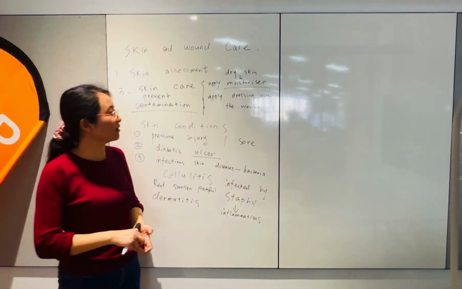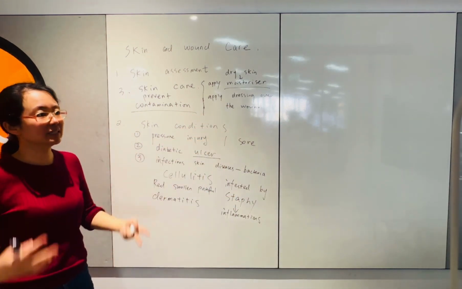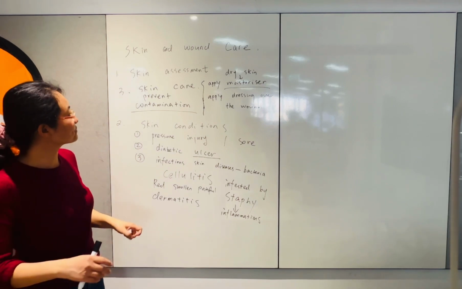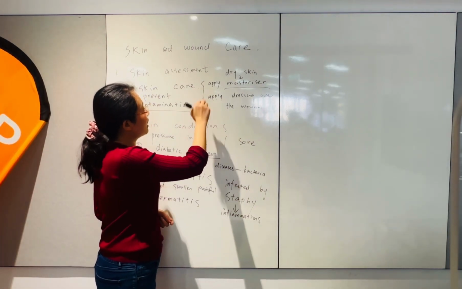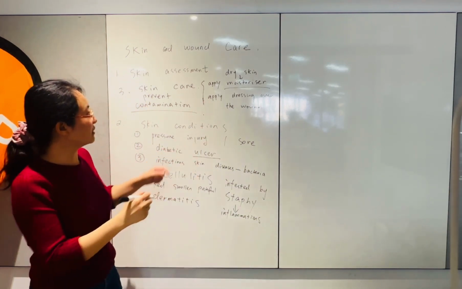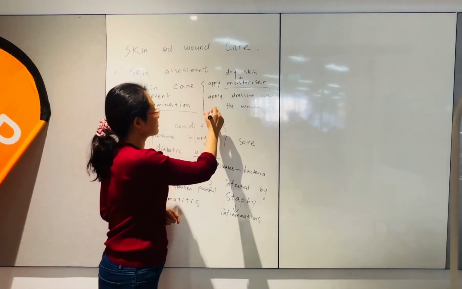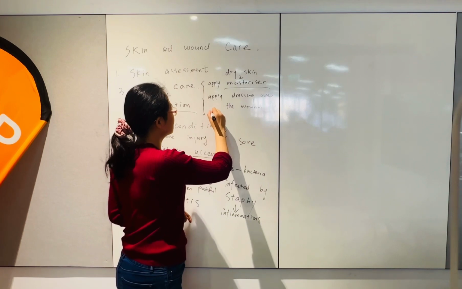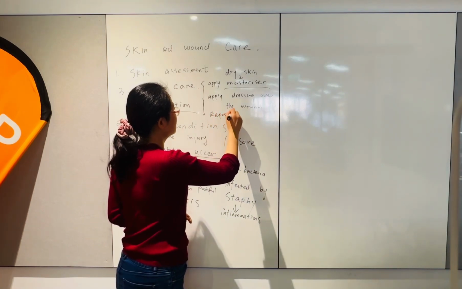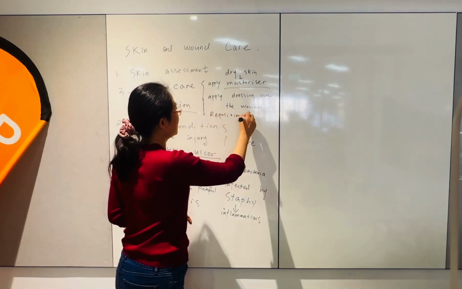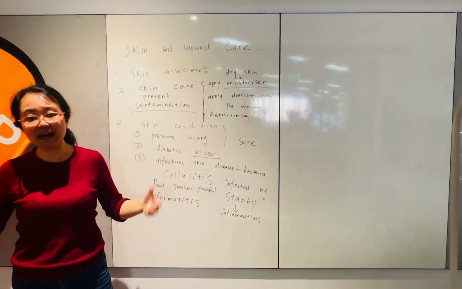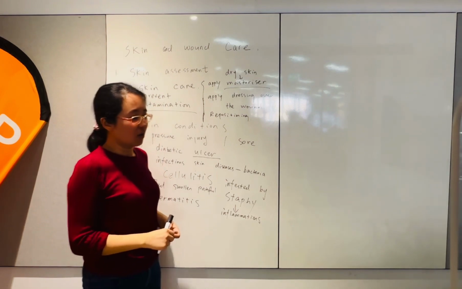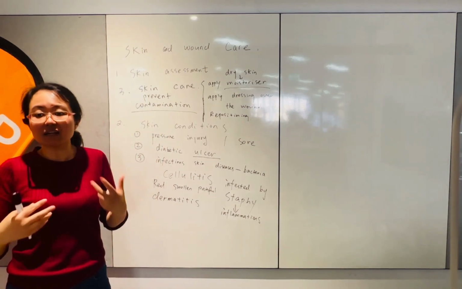As well. So there are different ways to maintain healthy skin. Now, the last thing I want to mention is, if the patient has a wound, we will need to regularly clean the wound.